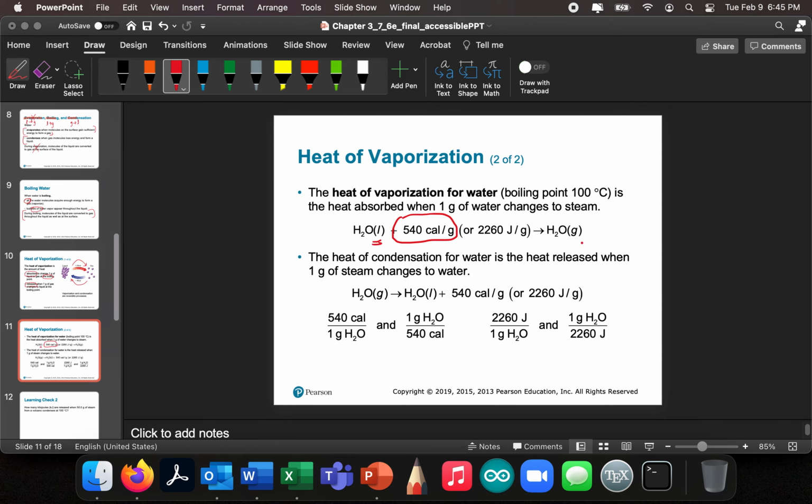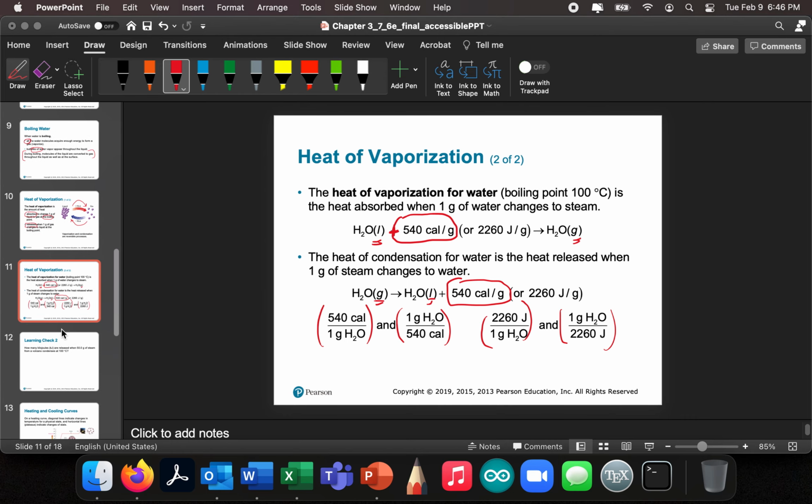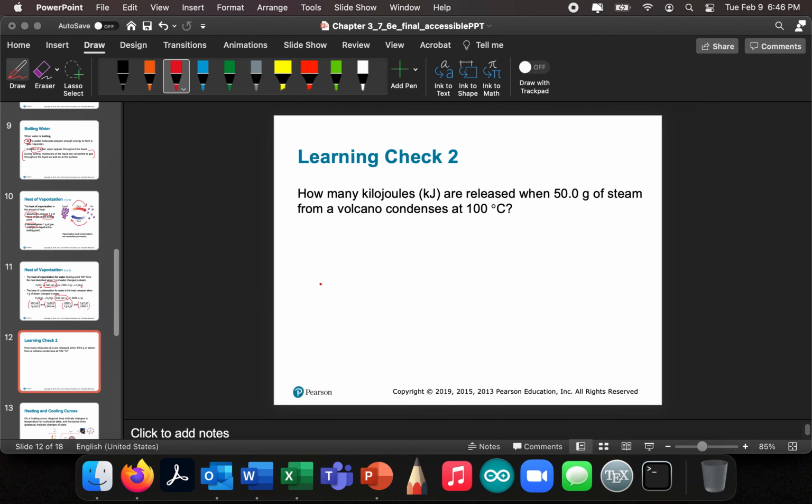Going from a liquid to a gas, it's going to require 540, or if you're going from a gas to a liquid, you're going to get 540 calories per gram out of it, right? And so here are some conversion factors that we might want to use. We've been setting these up for some time now. Let's do a learning check, and then we'll move on, okay?